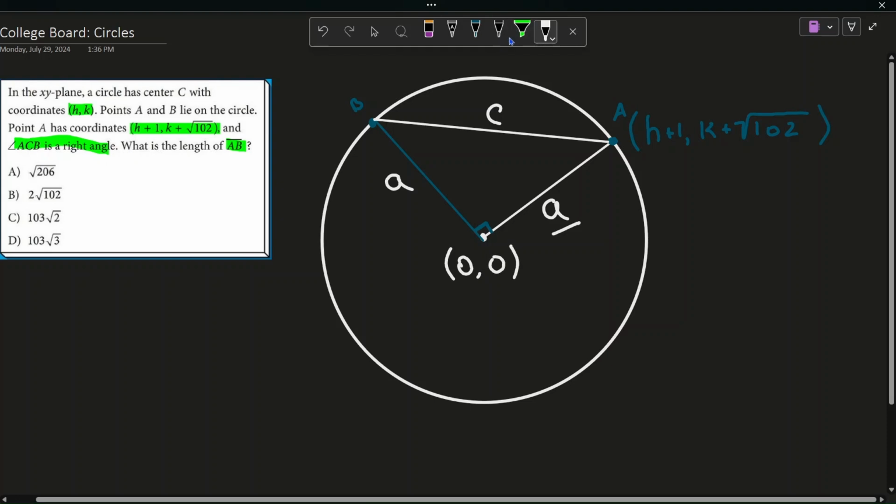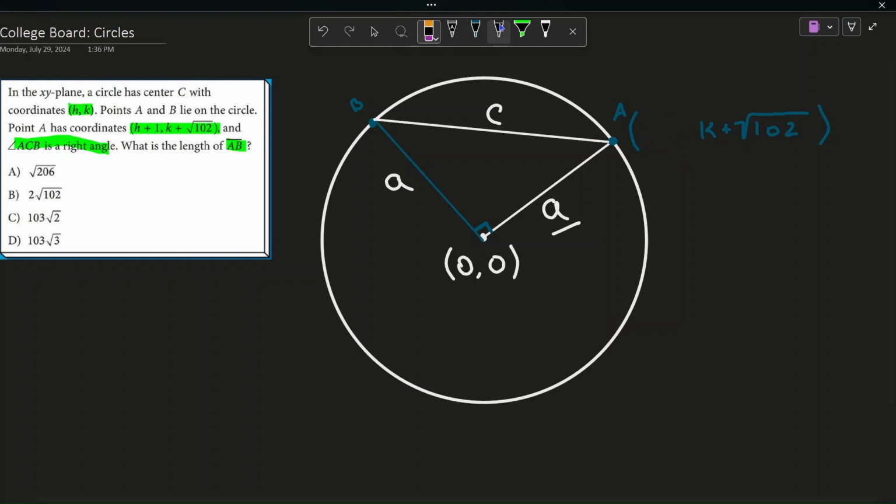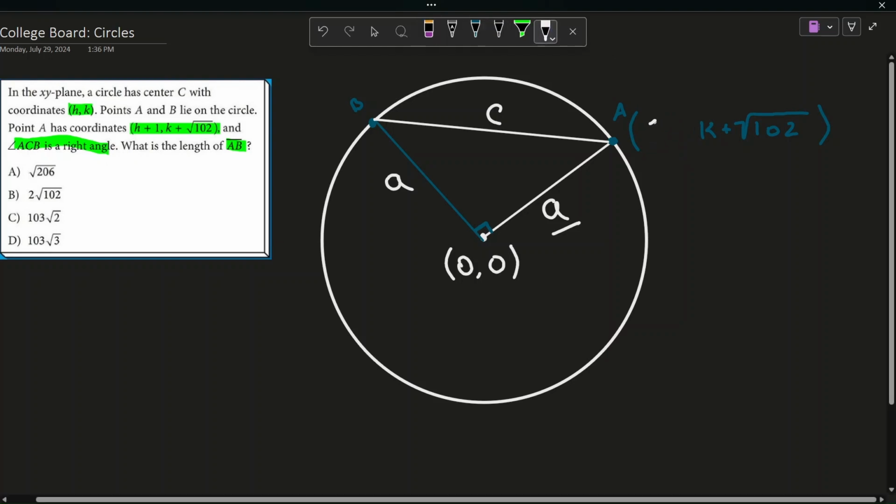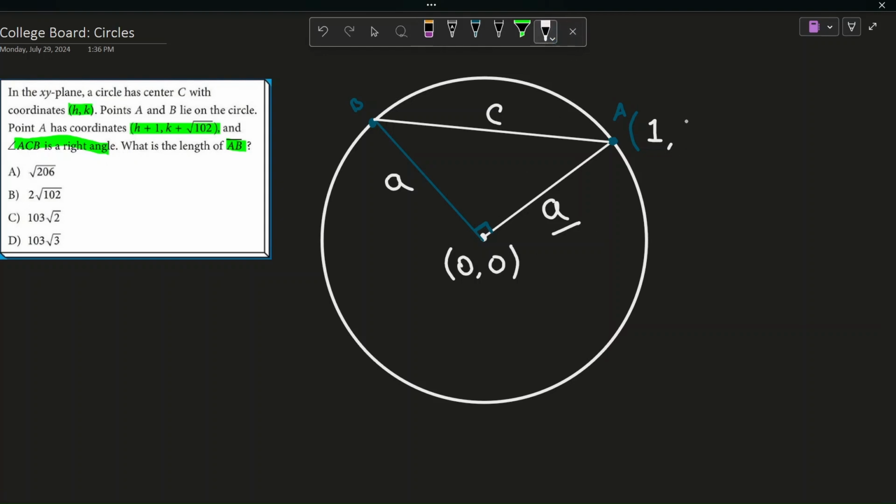And if the center is 0, 0, that means the x value of point A is going to be 1 because 0 plus 1 is 1. And the y value of point A is going to be square root of 102 because k is also 0.